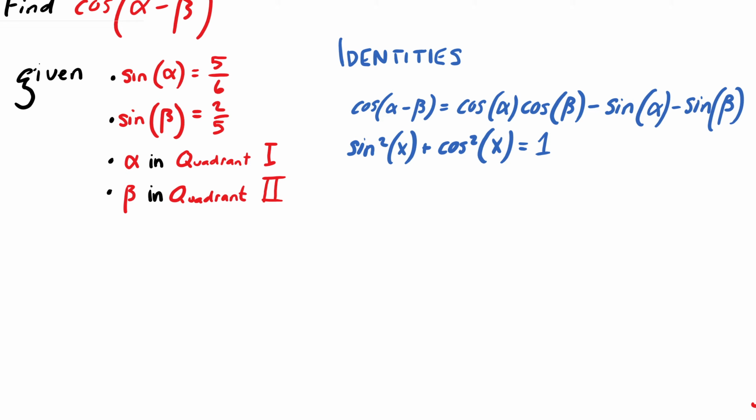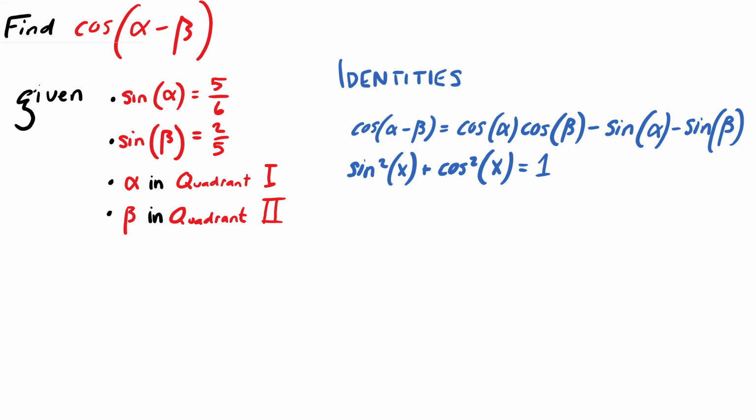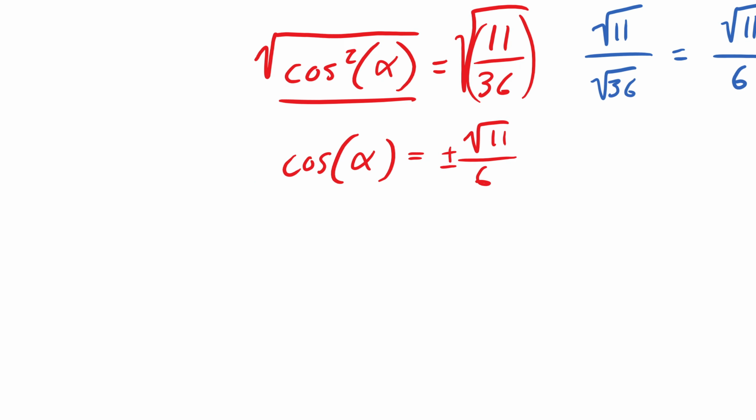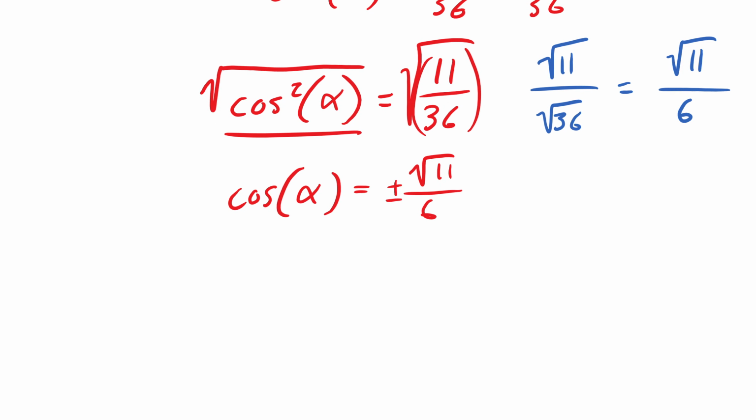And now, last thing. Alpha is in quadrant 1. So as we see here, cosine of alpha equals plus or minus root 11 over 6.